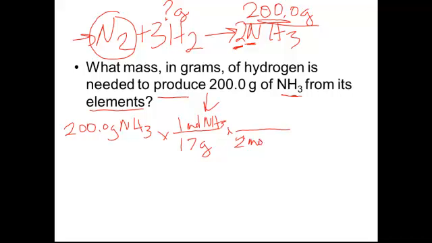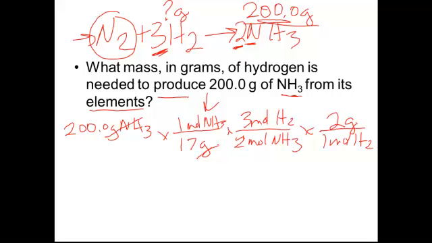So 2 moles of NH3 are made from 3 moles of H2. And now our final step, 1 mole of H2 has a mass of 2 grams. So now if we've done this correctly, everything will cancel except for what they're asking us about at the end.